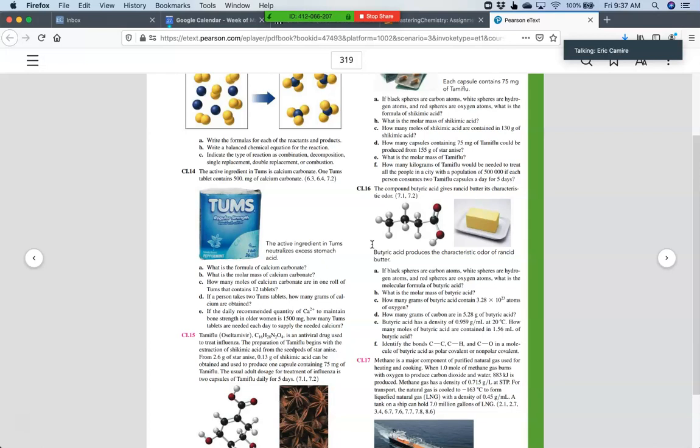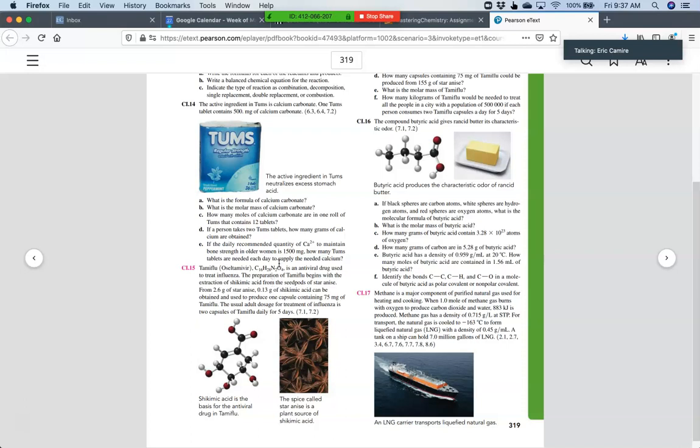All right, so some of the things that we're going to need, so we might need to go back and pull some stuff out. So I'm going to need some information. So we're saying how many capsules? We already said if we look at our givens and finds, we're going to need 70. So it's saying 75 milligrams of Tamiflu per capsule. It's saying we have 155 grams of star anise.